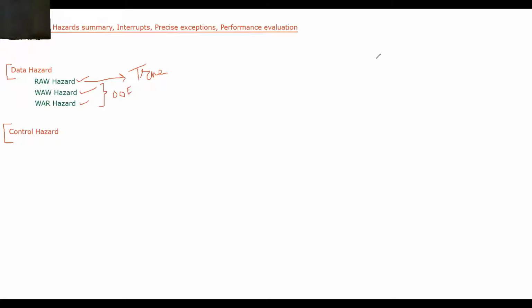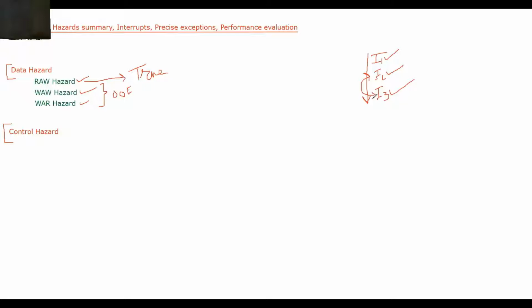For example, if I have a program like this: I1, I2, and I3. In order execution means that I am executing the instructions in this order: first I1, then I2, then I3. Out of order means that in a pipeline, I can change the order of instructions.